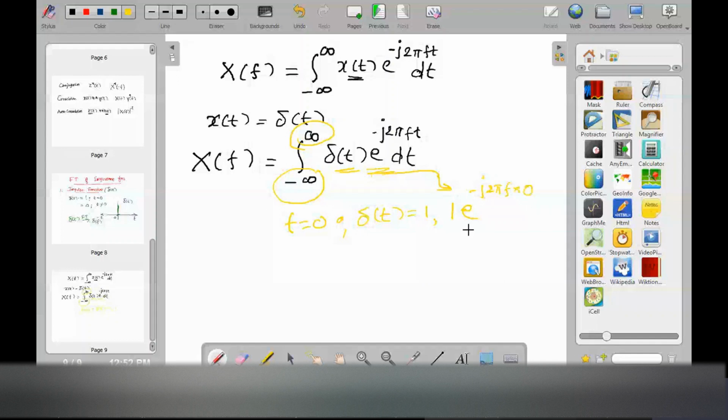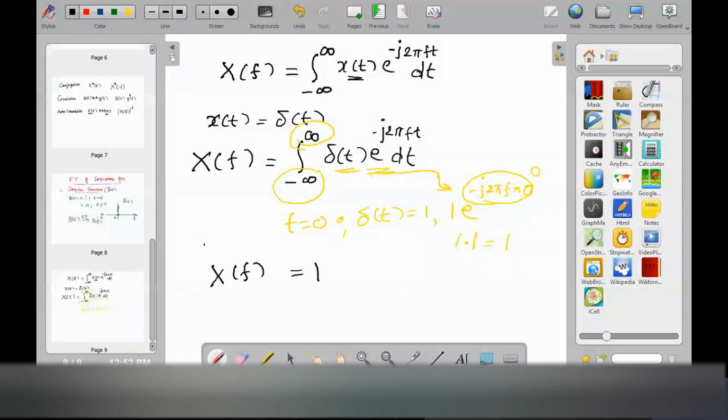So what is e to the power 0? Unit, 1. 1 into 1 is 1. That means in a simple way I can write this as x of f equals 1.